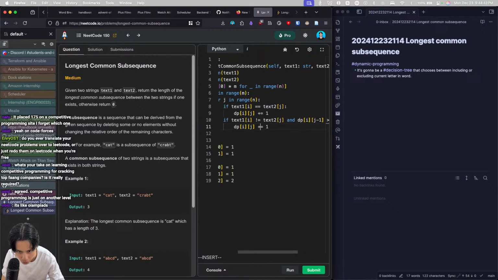Well, not increments by 1. It is equal to dp of I and j minus 1 plus 1.